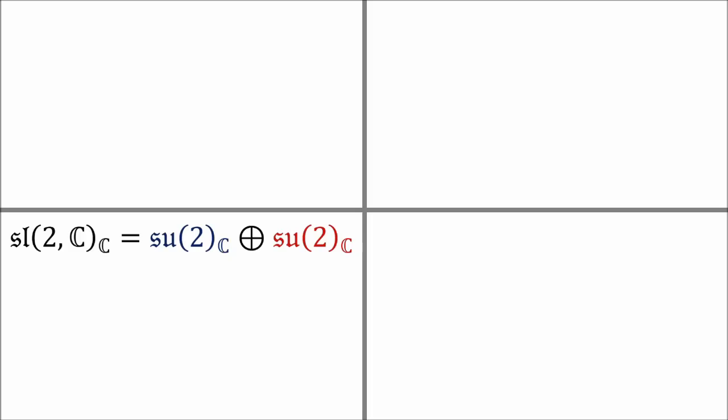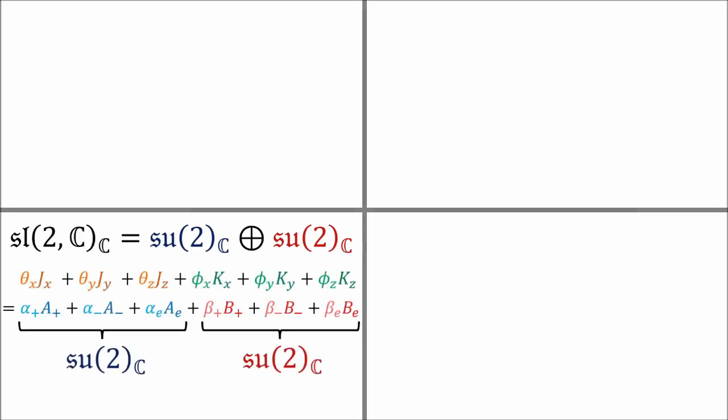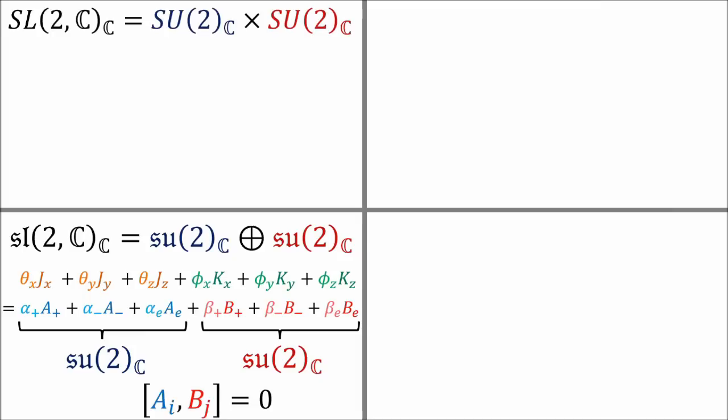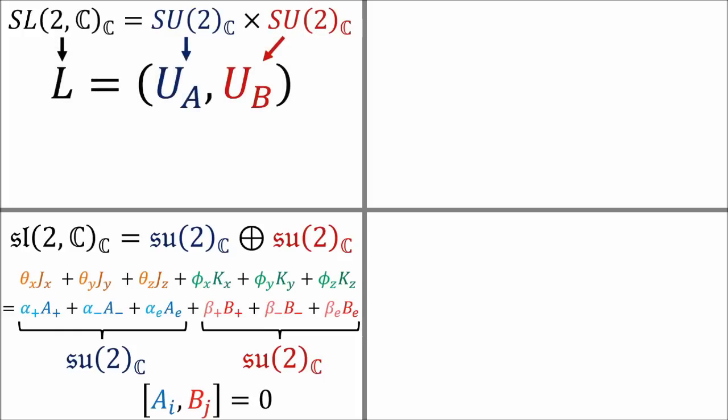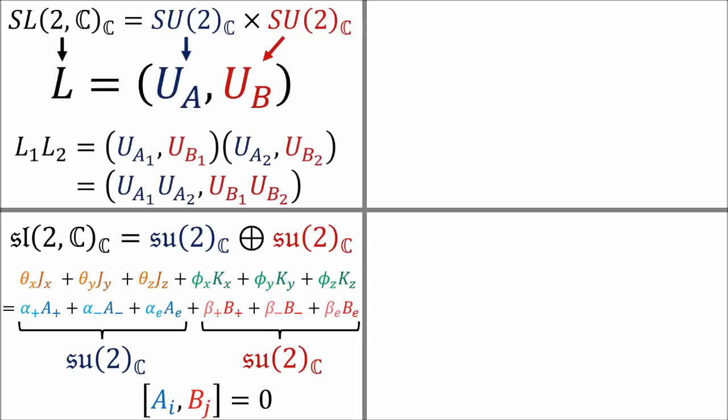Okay, so I realize we've been dealing with a lot of abstract math, and we'll get to examples soon, but let's sum up everything we've learned. The complexified Lorentz algebra can be broken up into the direct sum of a pair of complexified SU2 algebras that commute with each other. As a result, the complexified Lorentz group elements can be written as the product of a pair of complexified SU2 group elements.